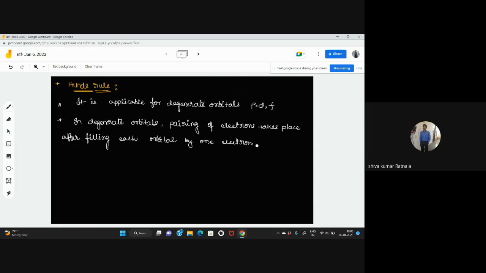Okay? So in this one, see, for example, if I'm taking p orbitals, in p orbital there are three degenerate orbitals, right? This is px, py, pz. So first we need to fill one electron in each orbital like this.